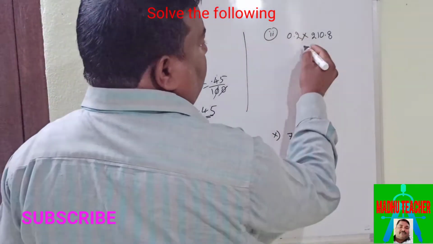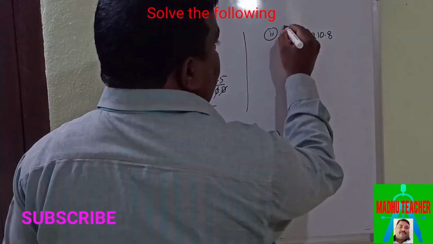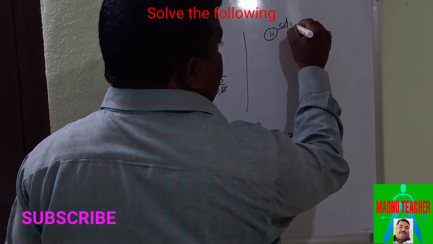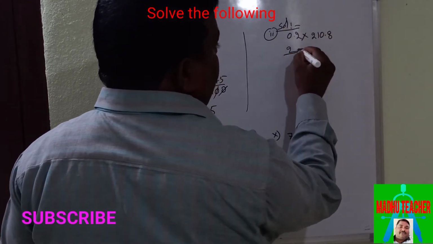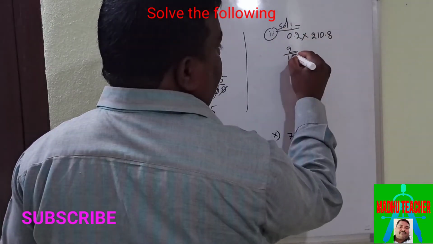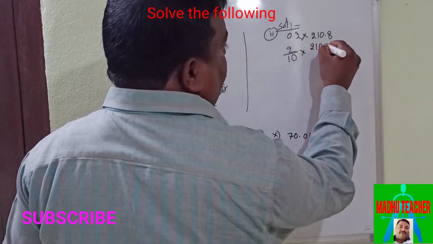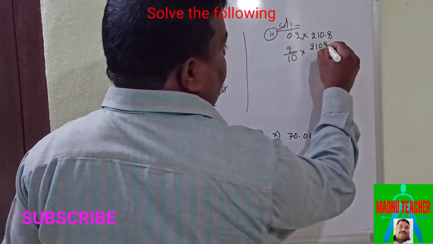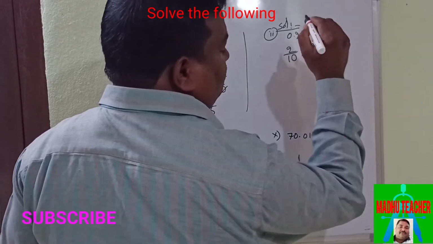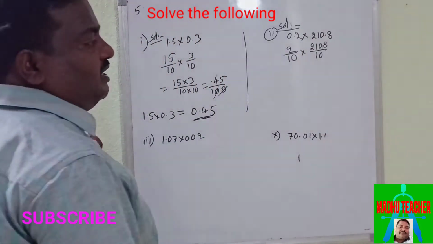Next, this, it is also same 2 by, after decimal point we have only 1 digit, that is by 10, it is 210.8, so by 10, 2108.